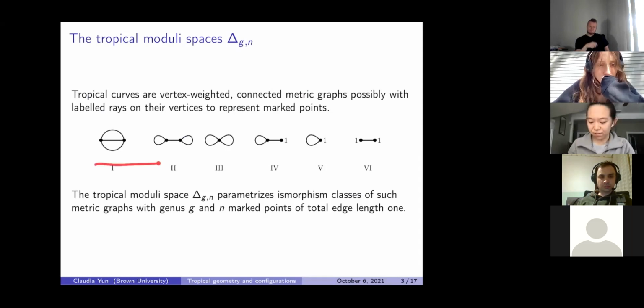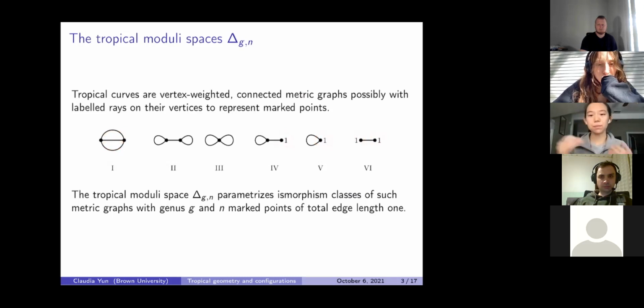So here I've given you some examples of what tropical curves could look like. I did not mark any edge lengths, but these edges, potentially, they could have different real values on them. And you can see here, we have these vertices that are weighted. And in fact, none of these tropical curves have a marked point.